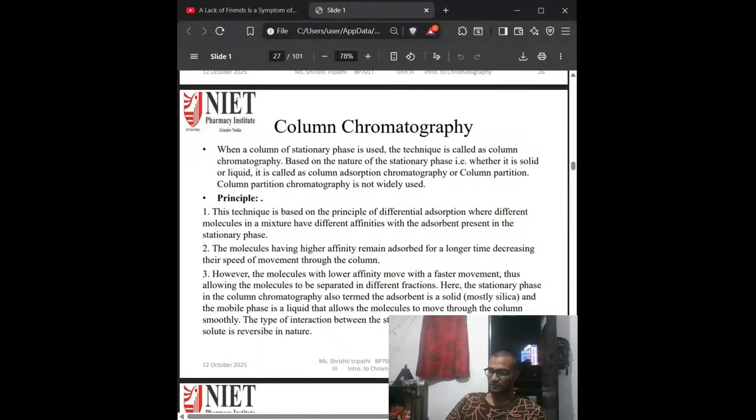It can also be of liquid-liquid type, which is partition type, and the principle.